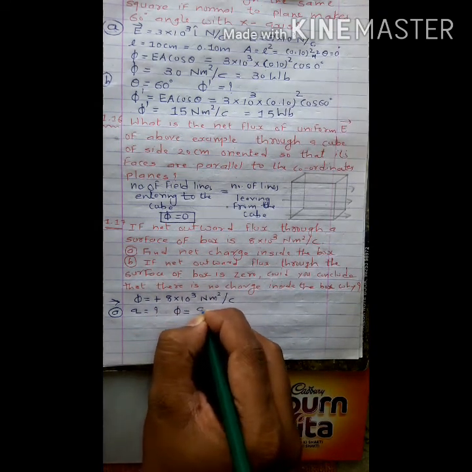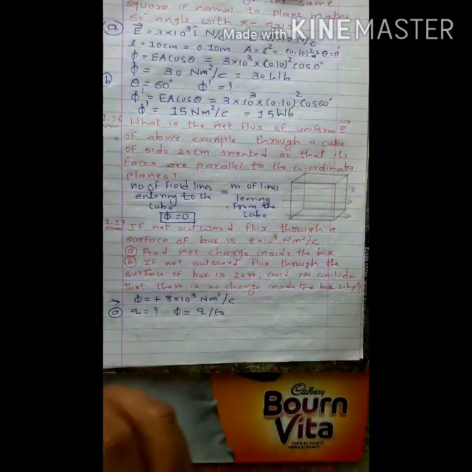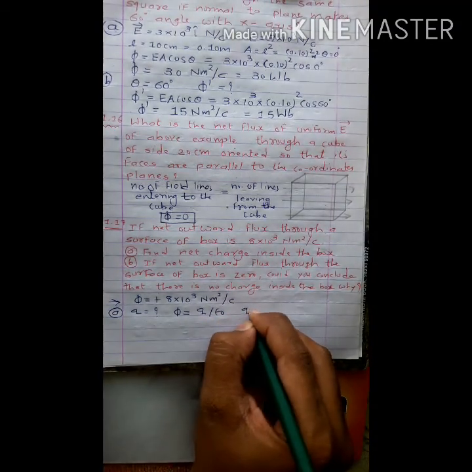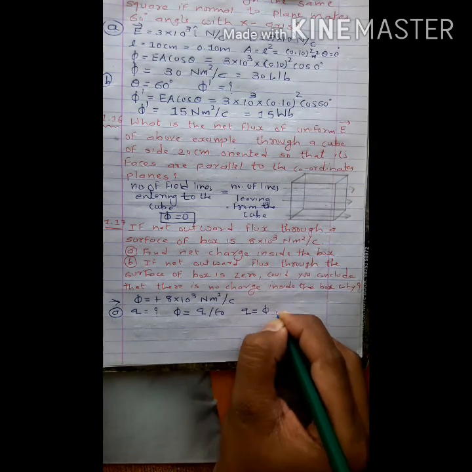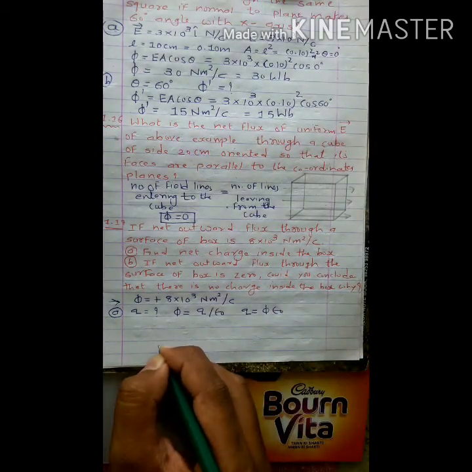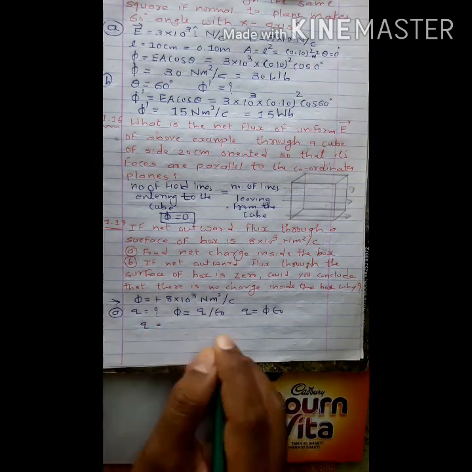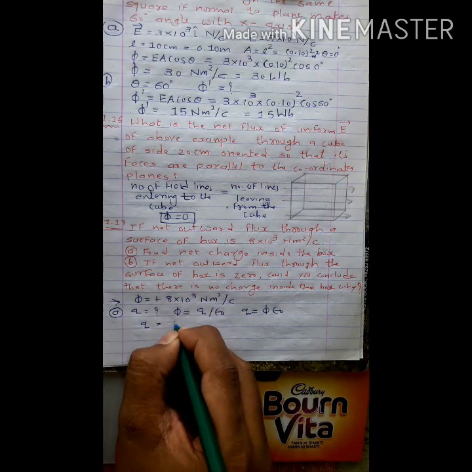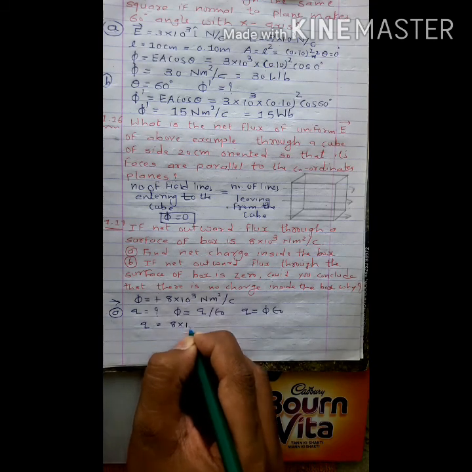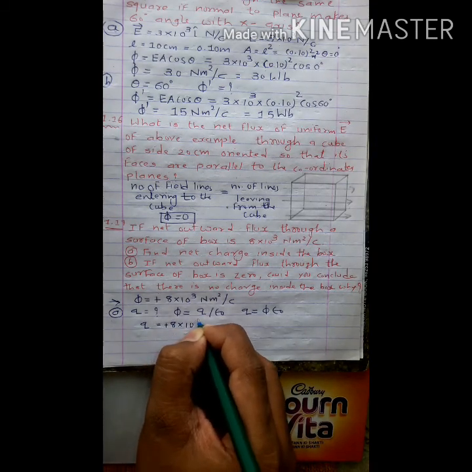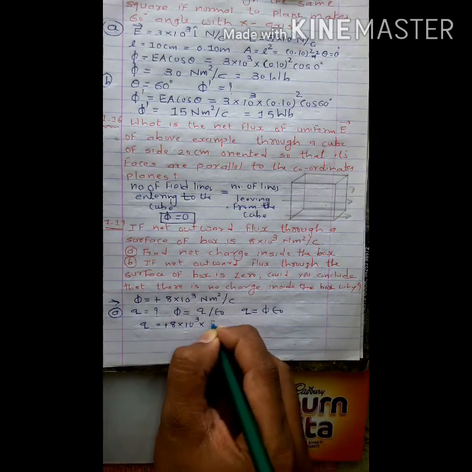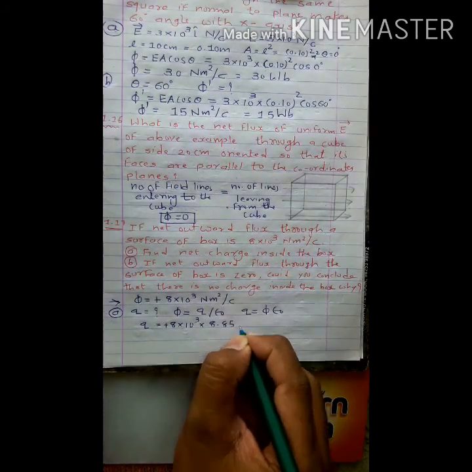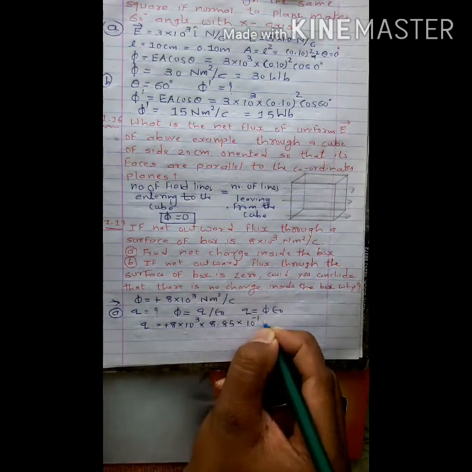According to Gauss law, phi is equal to Q upon epsilon 0. Make Q the subject. So Q is equal to phi into epsilon 0. Now use the values of phi and epsilon 0. The outward flux is given, plus 8 into 10 to the power 3, into epsilon 0, which is a constant, 8.85 into 10 raised to minus 12.